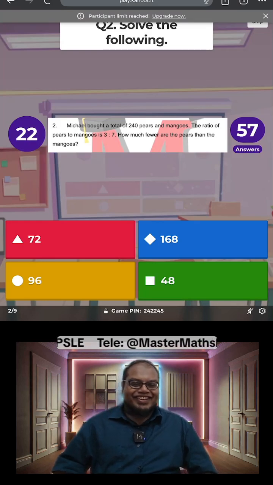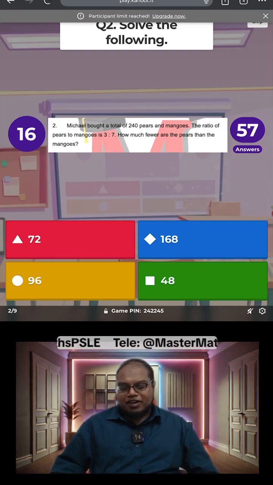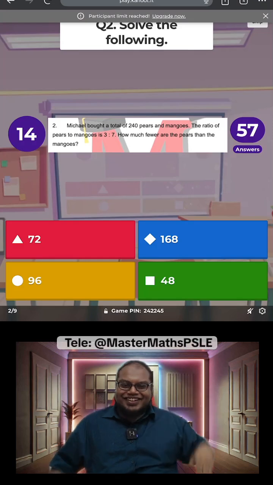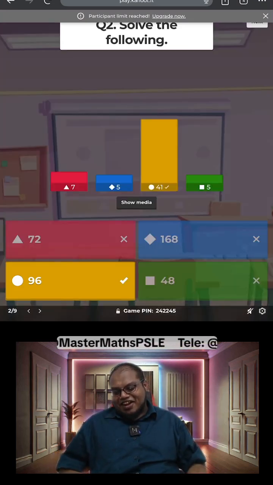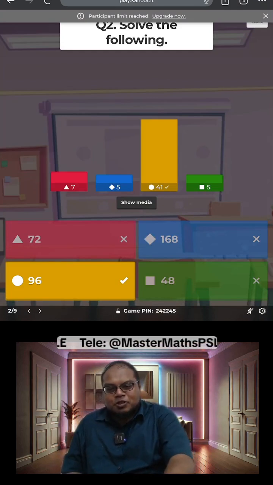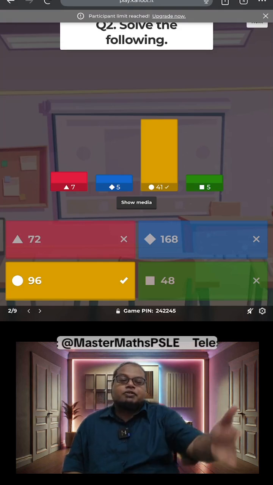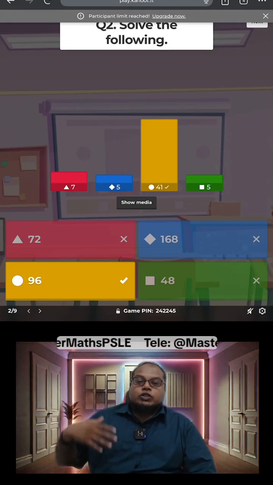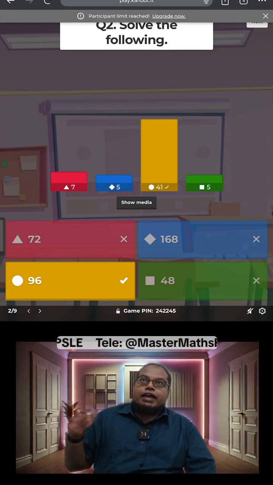Alright. Okay. People are giving out the steps already. Okay, very good. Most of you that answered got it correct. Good job. Alright, so yes, like what you've seen in the chat, right? So 10 units, right?